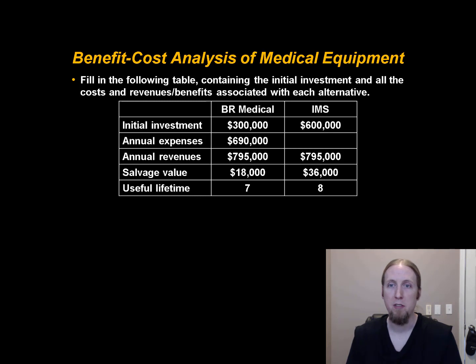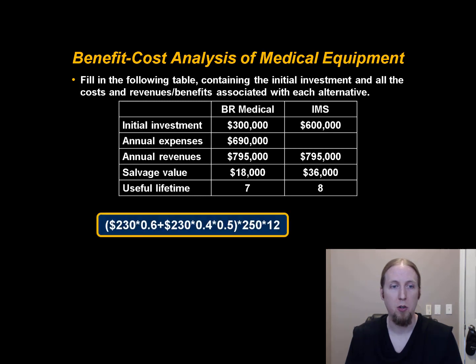On the IMS device, what we know is that material costs are 40% of the expenditures per procedure, and that they claim we can reduce that material cost by half. And so we've got an expression like this where $230 is our base cost, 60% of that is labor and other costs, and that's unchanged.